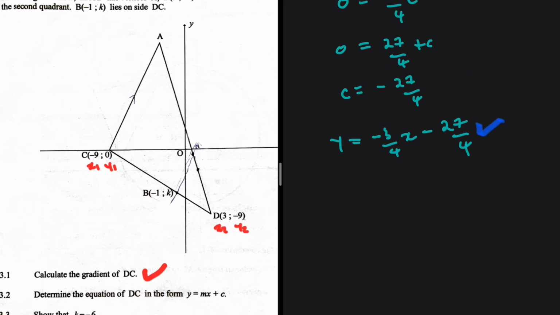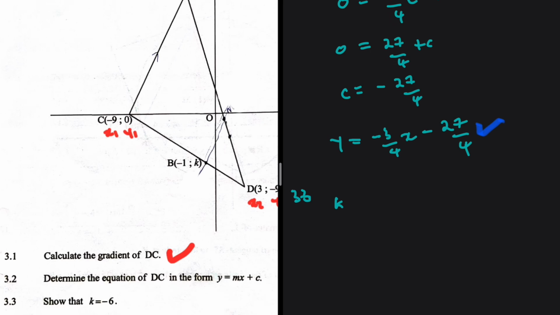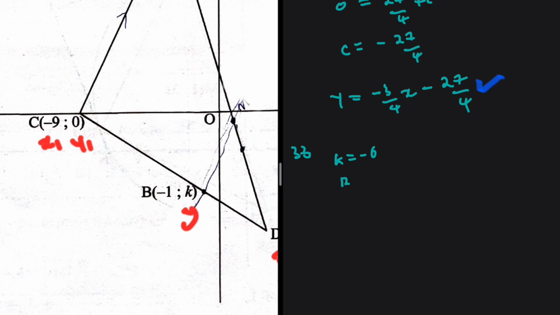Sticking to the basics. Let's take a look at 3.3. So in 3.3, we're supposed to show that k is equal to minus 6. k is the y value at B, right? And B is a point that lies on the line CD. So we already have the equation. We know that B has coordinates minus 1 and k. If we substitute this in our equation, in place of y, we put k, and in place of x, we substitute minus 1, and then minus 27 over 4.